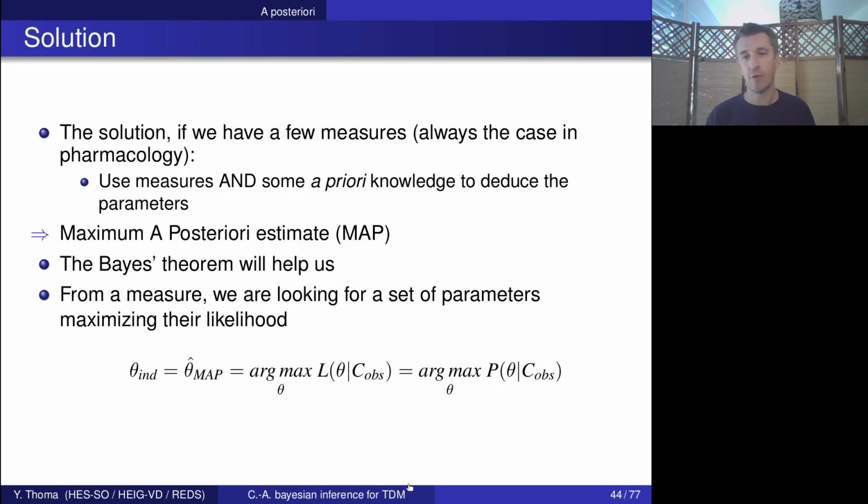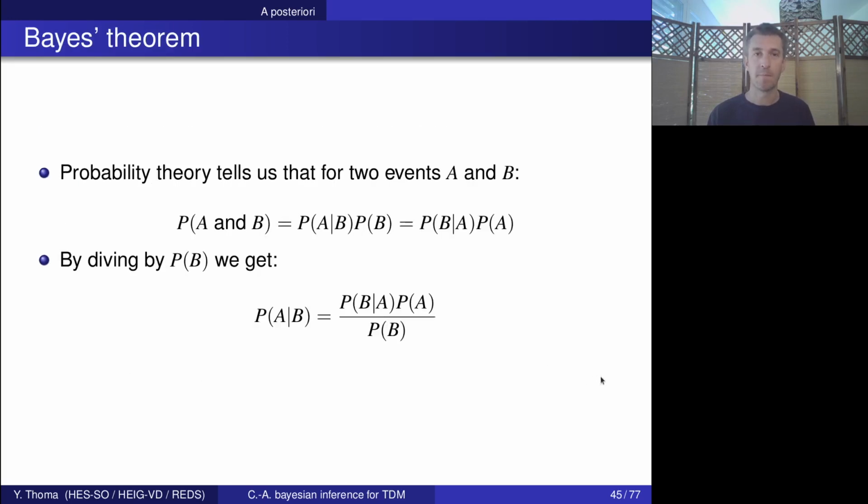And the idea, for those who like mathematics, would be to find the individual parameters that would end up with the best probability of parameters considering the observations we have. That is not exactly easy to find, but Bayes will help us to find the best parameters based on these observed concentrations.